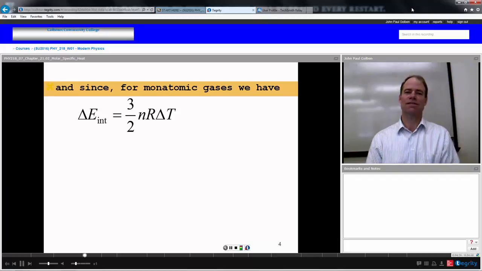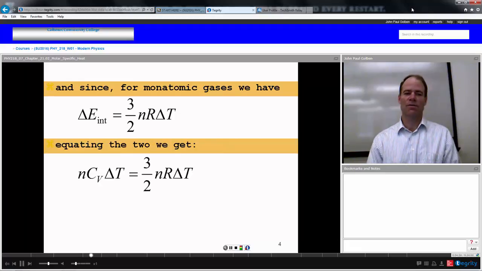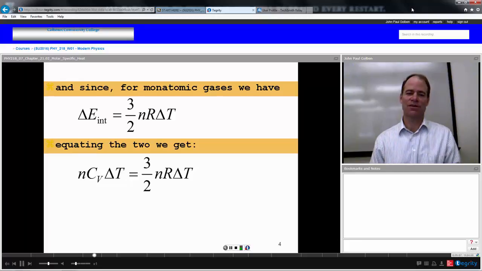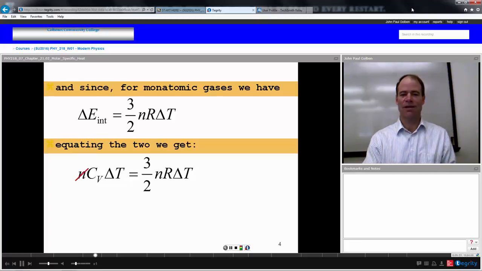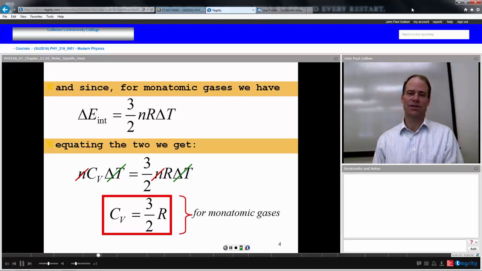Since for monatomic gases, we have from earlier, from the ideal gas law and our calculation with the Boltzmann constant, the change in internal energy is equal to 3/2 number of moles, gas constant R, change in T. Comparing this to what we just got, for all change in internal energy, number of moles times the molar specific heat at constant volume times the change in temperature should equal this value as well, 3/2 nR delta T. Get rid of the number of moles, get rid of the delta T's, and we have that the molar specific heat at constant volume for a monatomic gas is 3/2 times the gas constant R. How about that?